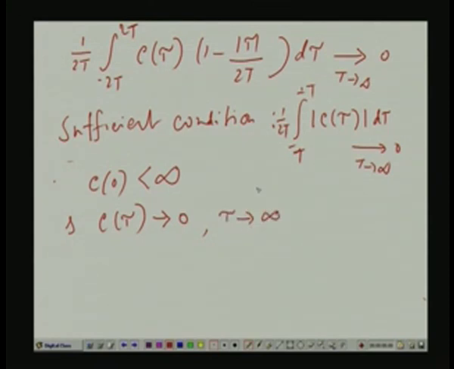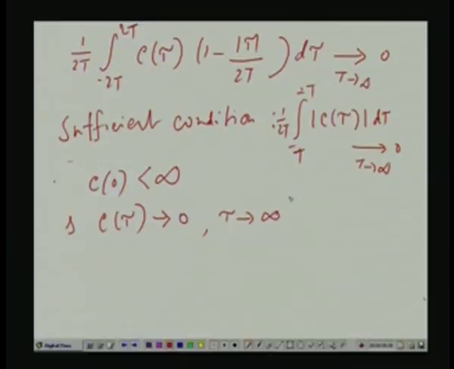That is, as tau becomes larger and larger, the covariance between the respective samples situated at a gap of tau becomes less and less. Samples situated far away from each other become uncorrelated or close to uncorrelated. This is true in most practical processes, because samples which are nearby or adjacent are the ones correlated. If they are far away from each other, the degree of correlation between them is less and less.